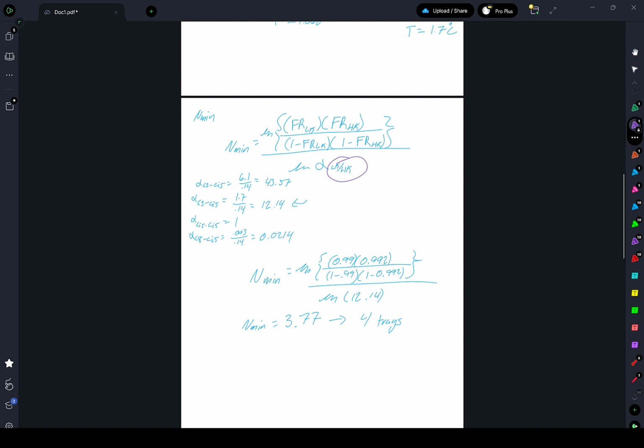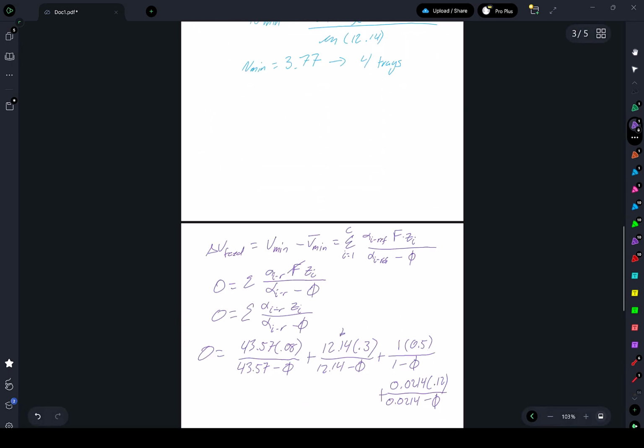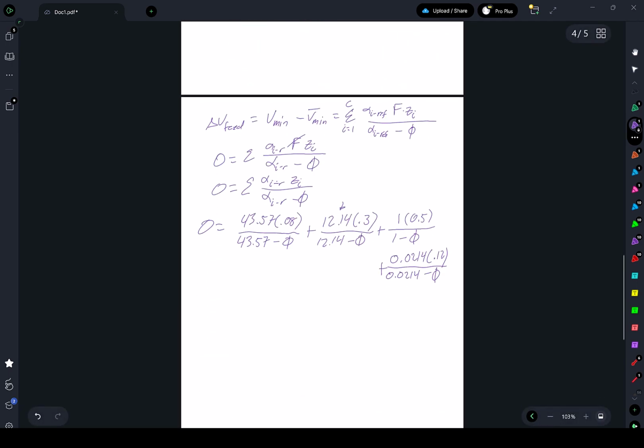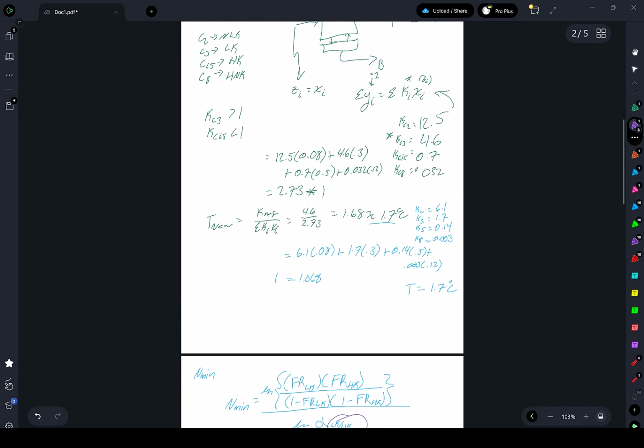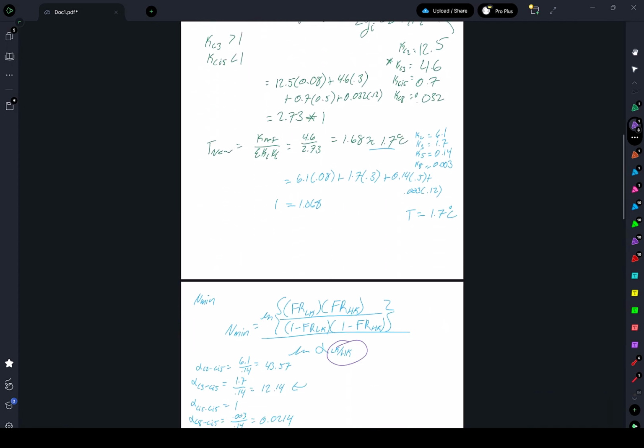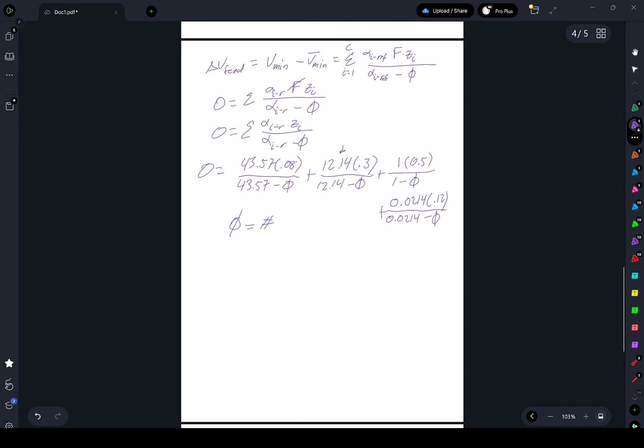It's just easier to use this since it's what is required in the minimum number of trays equation. From there, you just use algebra and you're able to figure out a numerical value for your phi. You can use a solver, or you can work it out by hand. I'm not going to do that for the sake of this video, but you can definitely do it. The whole point of finding this phi was to figure out what your V minimum is.